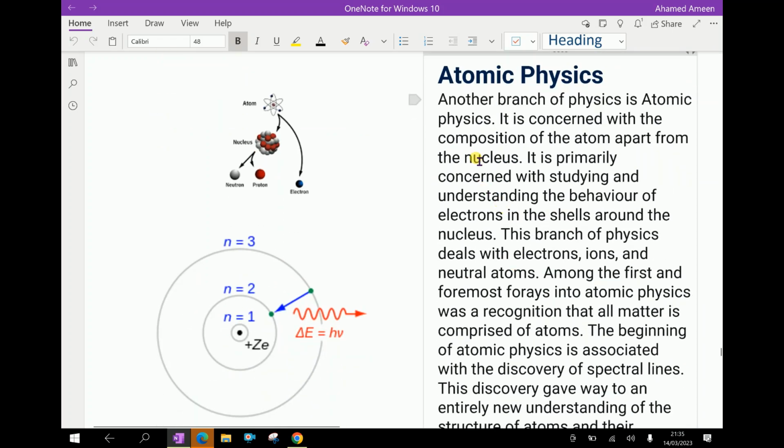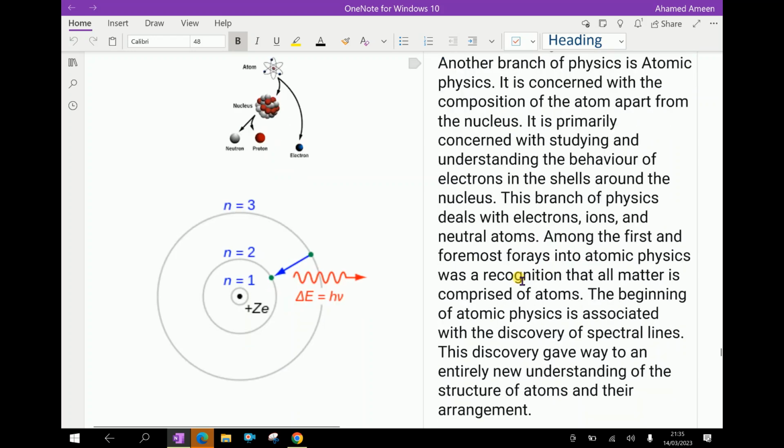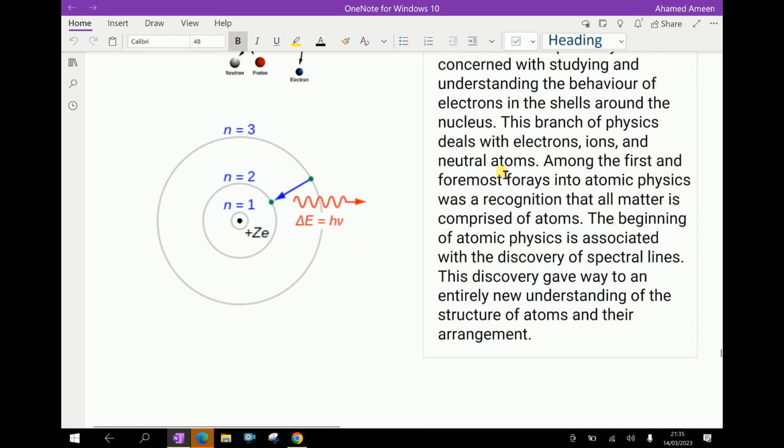Atomic physics. Another branch of physics is atomic physics. It is concerned with the composition of the atom apart from the nucleus. It is primarily concerned with studying and understanding the behavior of electrons in the shells around the nucleus. This branch of physics deals with electrons, ions, and neutral atoms.